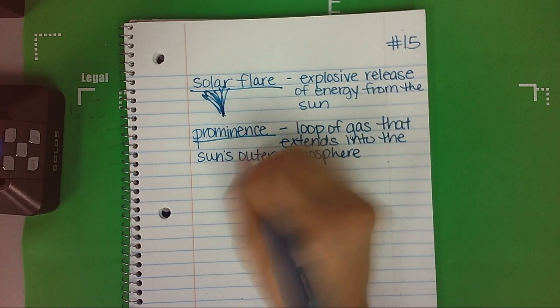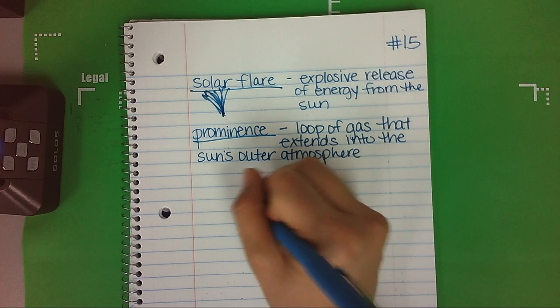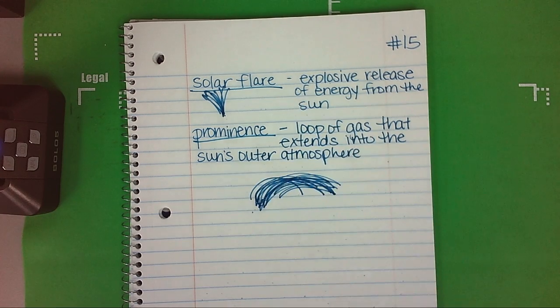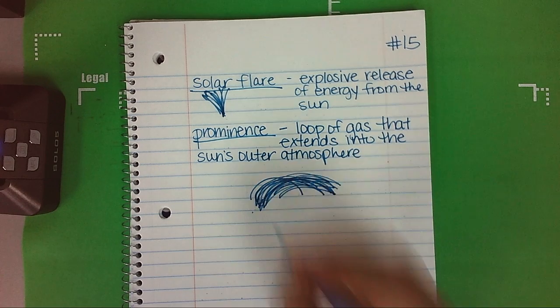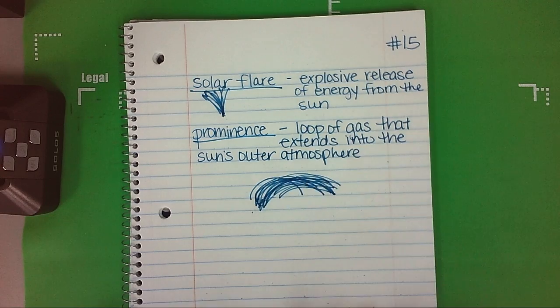Okay, so it's going to look more like this. It's connecting like it's from here, kind of like a rainbow. Okay, so when we look at the sun and we see a loop, so you could like almost see through it.